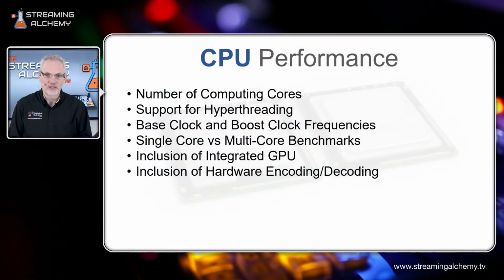And what's interesting is a lot of the CPUs out there come in both flavors. You can buy a version with or without the integrated GPU. But one of the things the integrated GPU can give you is hardware-based encoding and decoding. And Intel has something called QuickSync Video, which is an H.264, H.265 encoder decoder on the CPU itself.